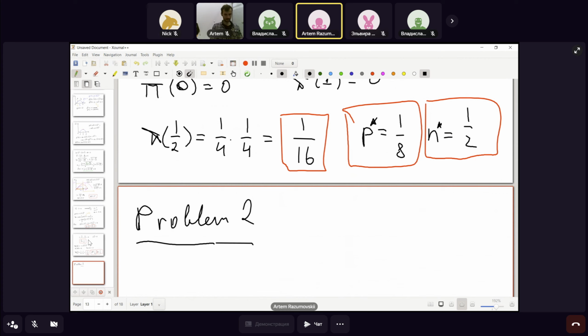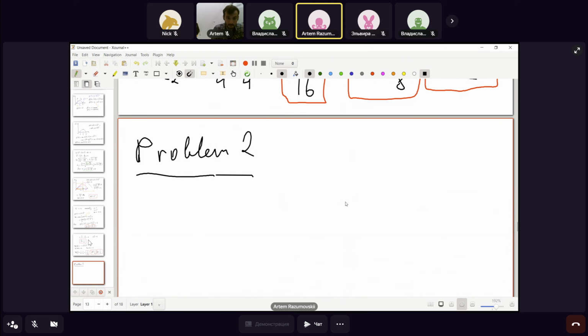So before we move to problem 2, let me remind you the problem from our lecture. We considered the one-sided platform.